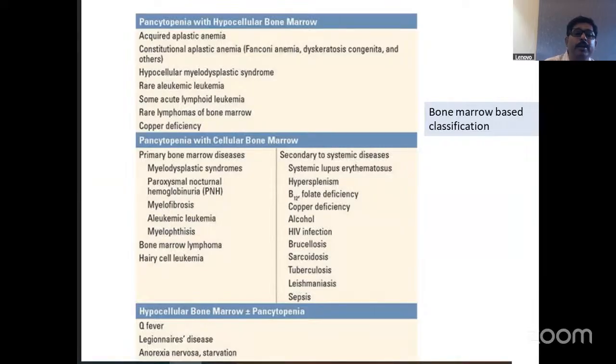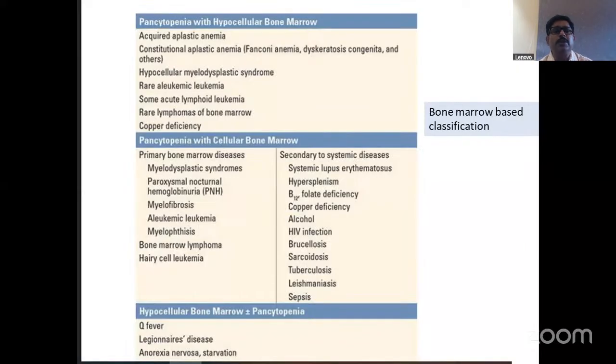If we go on to further divide pancytopenia based on the bone marrow, we can classify this as pancytopenia with hypocellular bone marrow, pancytopenia with cellular bone marrow, or hypocellular bone marrow with or without pancytopenia. I'm just enumerating them; the algorithm will be discussed in slides further to come.